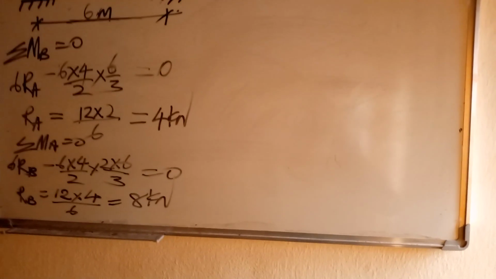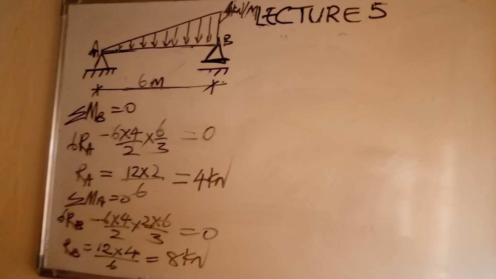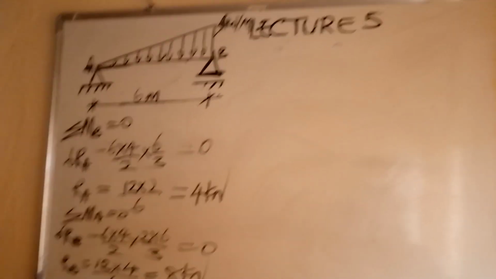That is reaction B. We have gotten the two reactions. The total load is the area of the triangle, since the load is triangularly shaped, the structure is loaded triangularly, in the shape of a triangle.